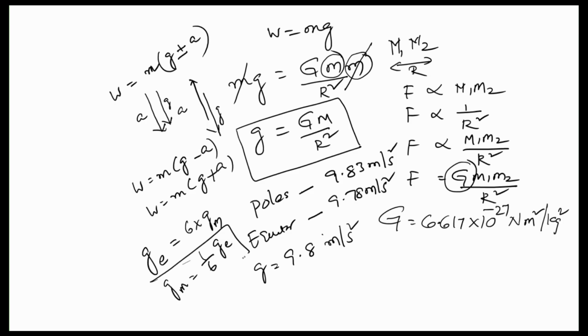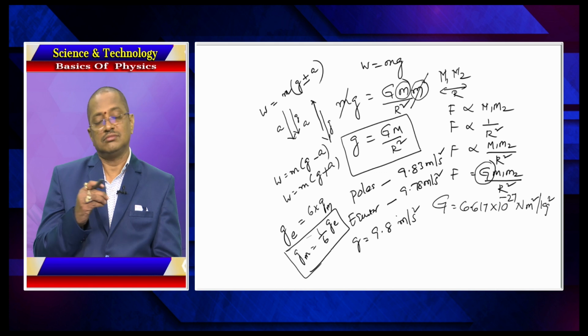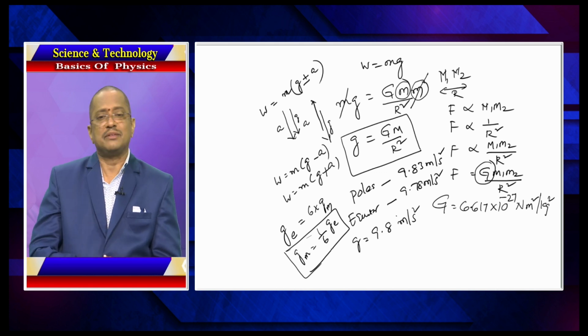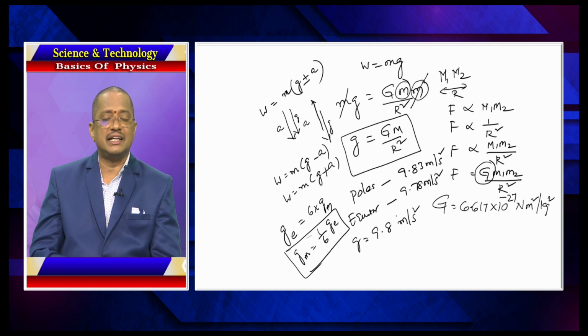This is the relation between the acceleration due to gravity at earth and at moon. For that reason, there is no atmosphere on the moon. The reason behind it is there. Clear? So that's very, very important.